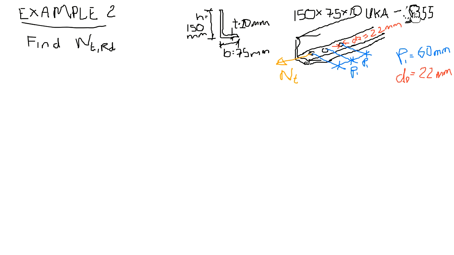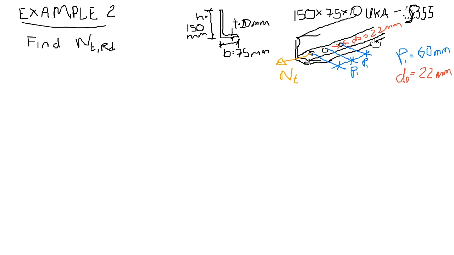If the thickness of the plates is less than 40 millimeters, according to table 3.1 that we just looked at earlier on, in Eurocode 3 part 1 part 1, the Fy is equal to 355 newtons per millimeter squared.